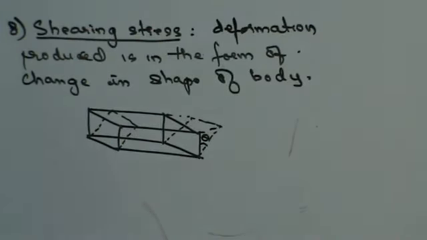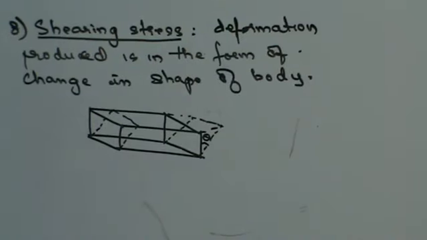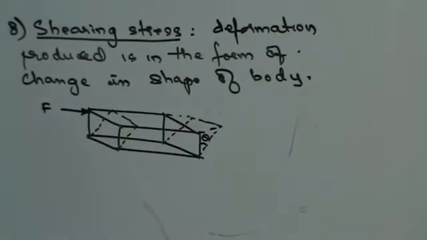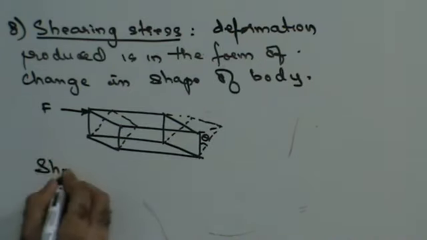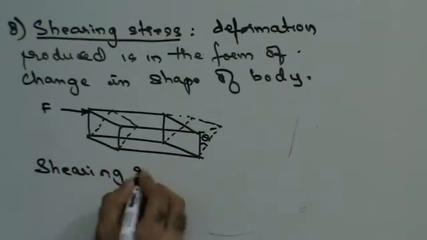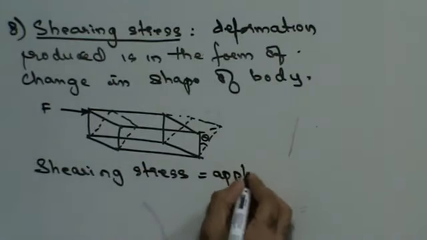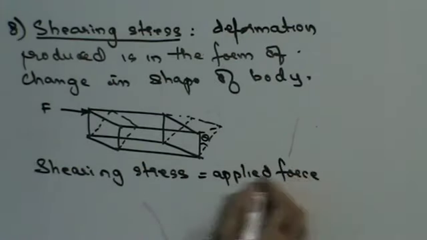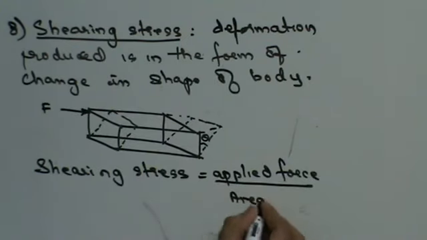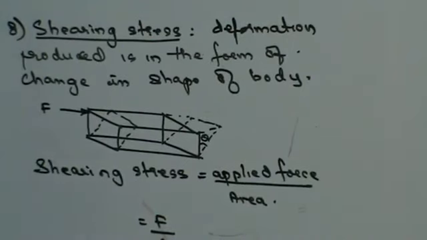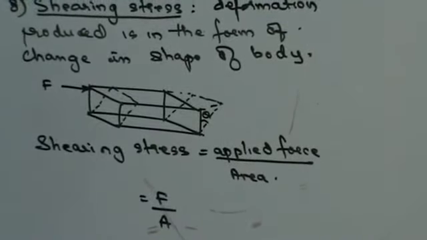The body undergoes a change in shape if a tangential force is applied to the body. If I assume that a tangential force F is applied to the body of area A, then shearing stress is given by the formula applied force upon area, F upon A.